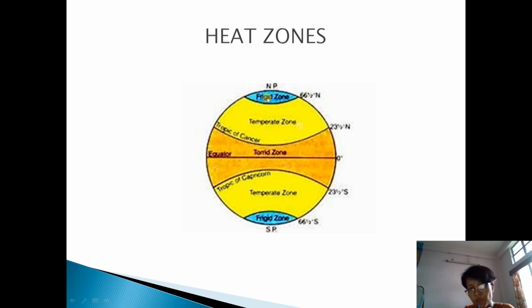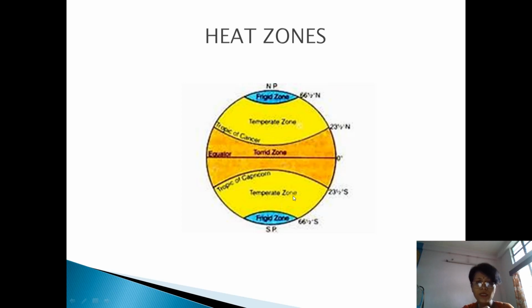Now come to frigid zone. You see in the northern hemisphere one zone, in the southern hemisphere another zone. That means two frigid zones: north frigid zone in the northern hemisphere, south frigid zone in the southern hemisphere. In the northern hemisphere, this frigid zone lies in between the Arctic Circle and the North Pole. And in the southern hemisphere, it lies in between the South Pole and the Antarctic Circle.